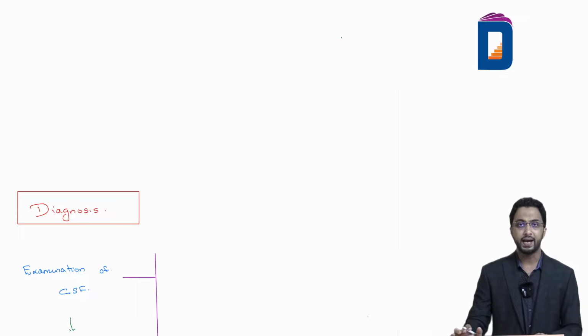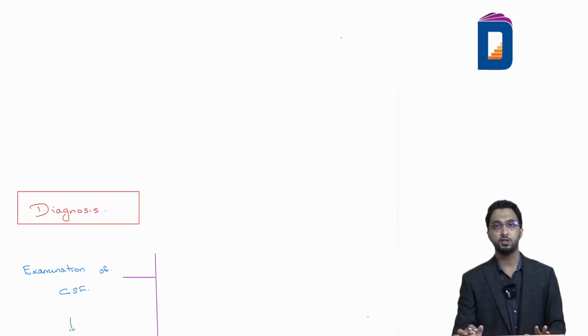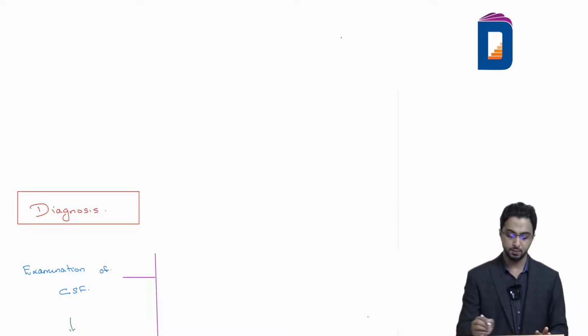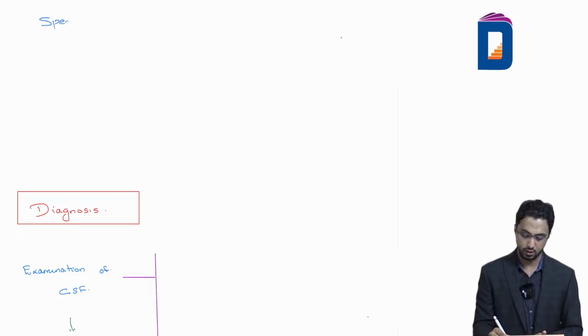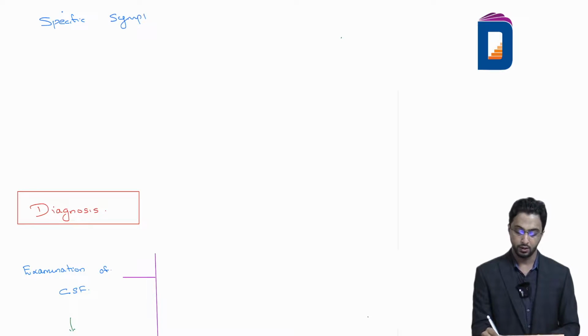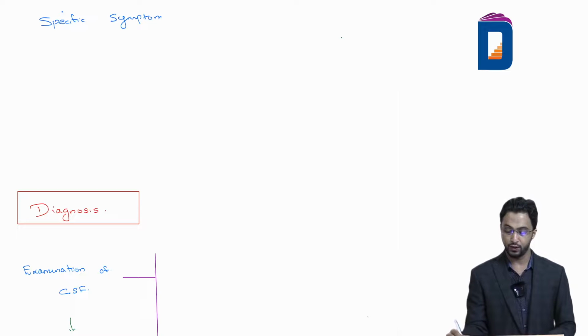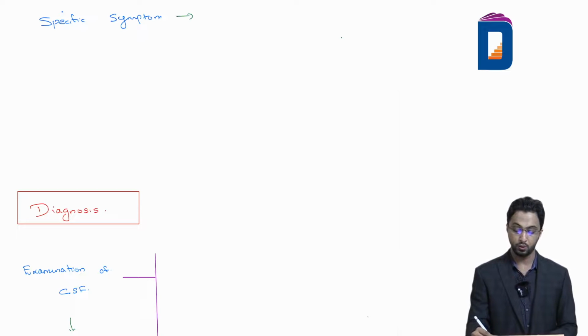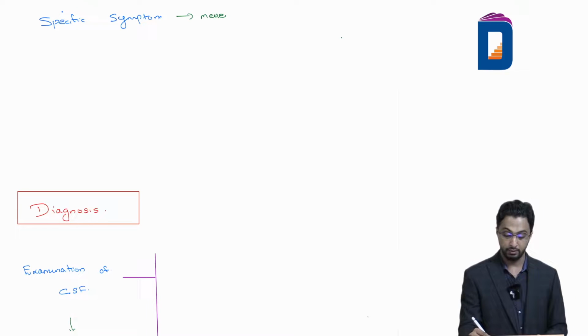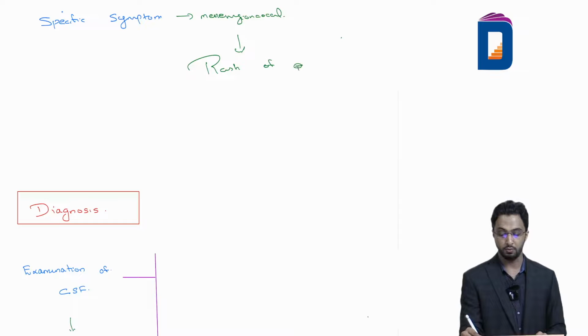Now besides these symptoms which we just saw, there is also a specific symptom which you need to know. There is a very specific symptom associated with meningococcal meningitis, like Neisseria meningitidis, which causes meningococcal meningitis, and it is the rash of meningococcemia.